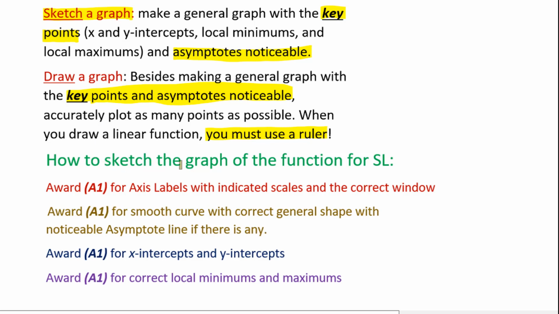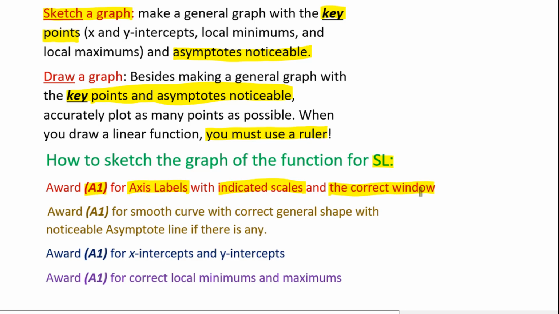How to sketch the graph of a function for SL level? Normally, sketching a graph will be 4 marks. The first mark is for labeled x and y axes, sometimes they give you the scales, sometimes you decide the scales, and the correct window.